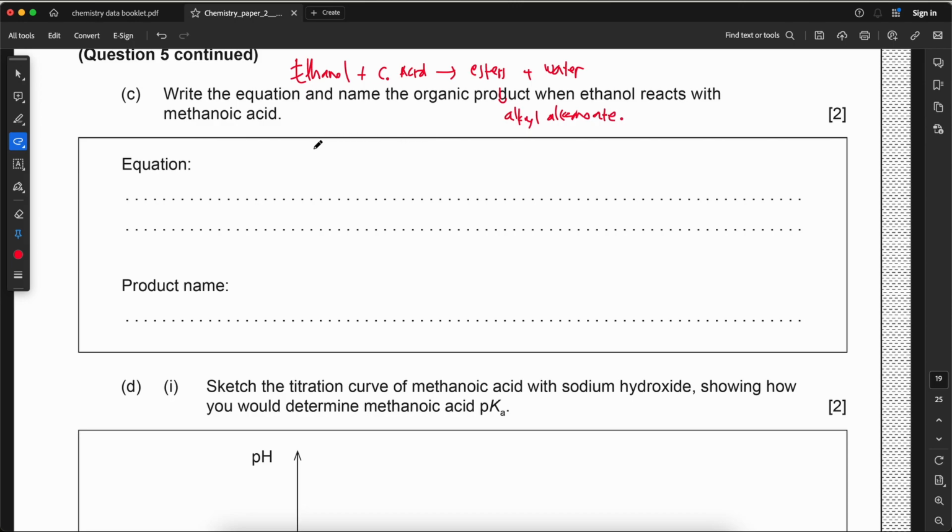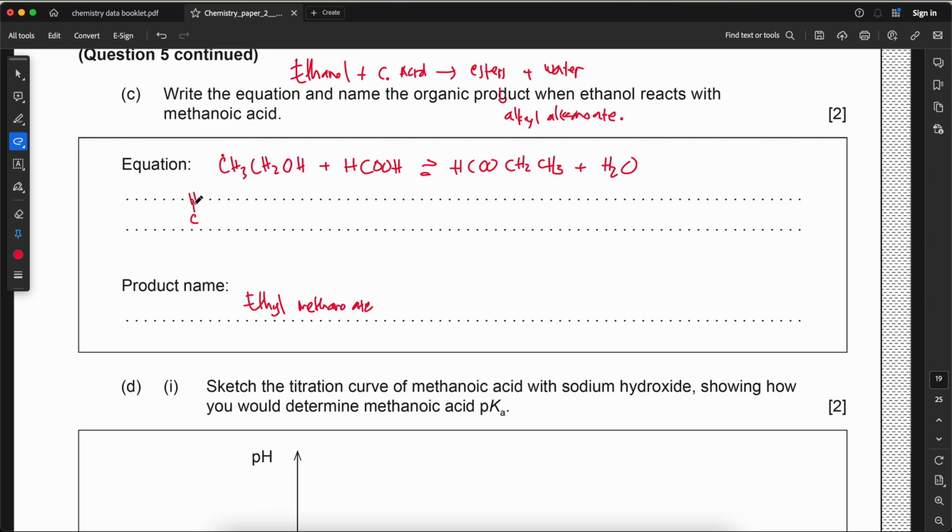Okay, so the equation would be CH3CH2OH, because it's ethanol, plus methanoic acid HCOOH will produce HCOOCH2CH3 plus water. The name will be ethyl methanoate. Let me break it down here.